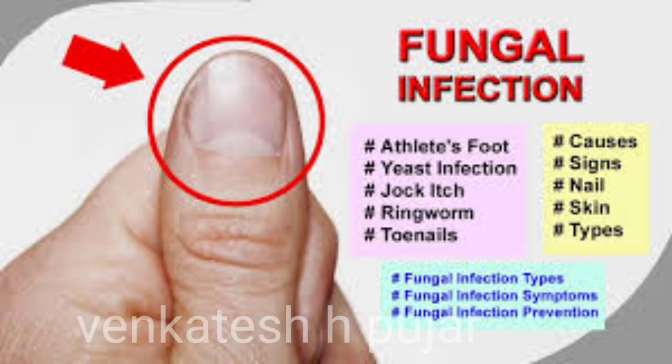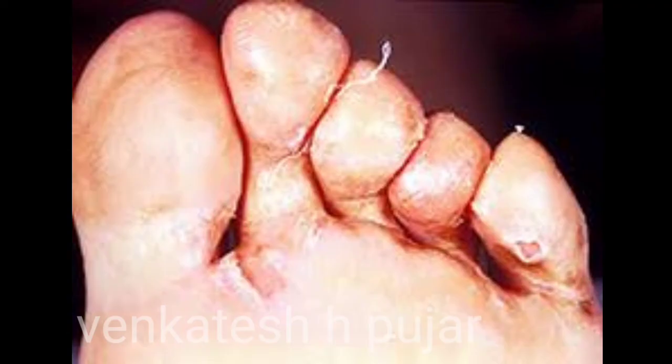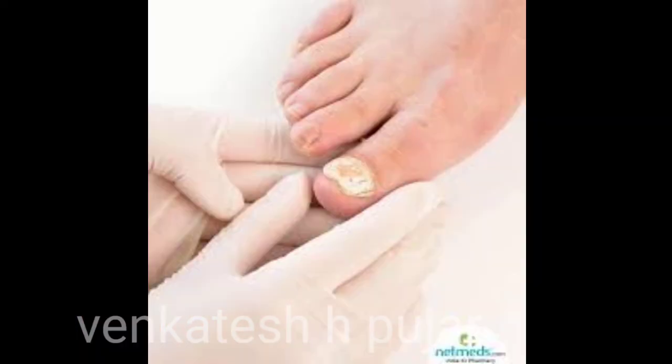Now we will talk about the symptoms of tinea infection. I would like to divide them by the common occurring parts I have explained. First we will discuss tinea corporis, the body infection. In tinea corporis you will have red ring-shaped patches with raised scaly edges and itching all over the body.